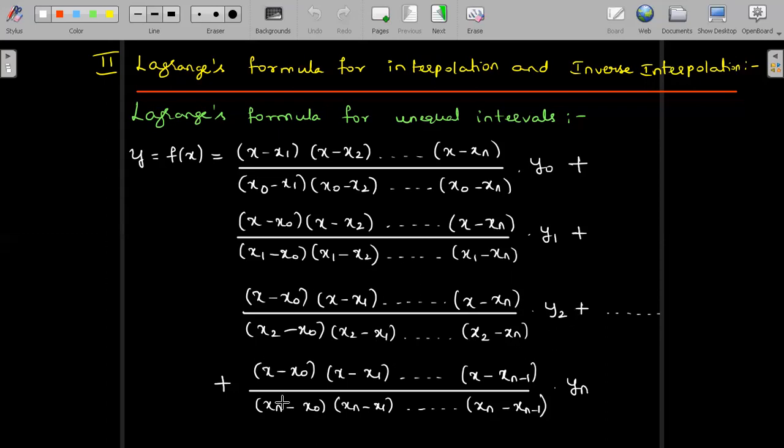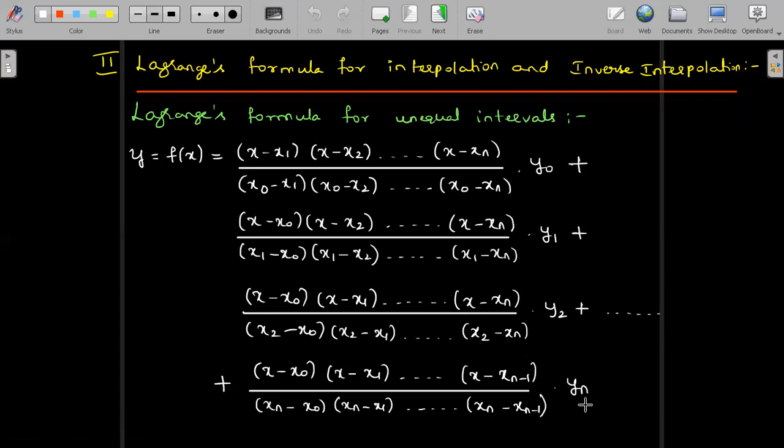Same way for the last term, we skip xn in the numerator, so x0, x1, x2, etc. up to xn minus 1 would be subtracted from x. In the denominator, each of the terms should be subtracted from xn: xn minus x0, xn minus x1, etc. up to xn minus 1. Hence the multiplier should be yn.